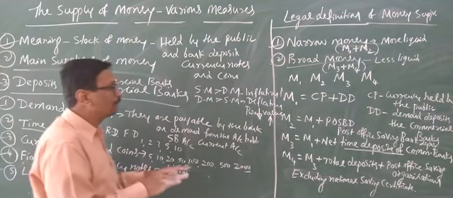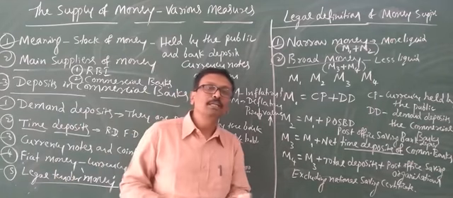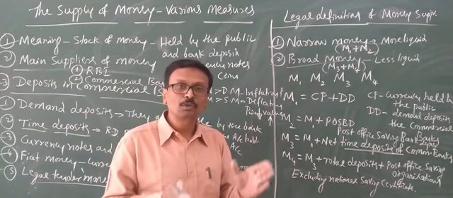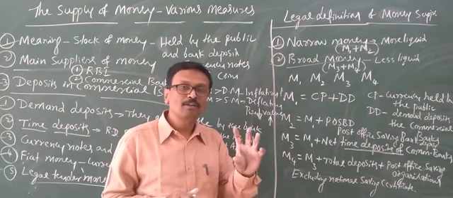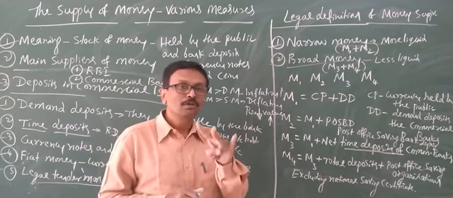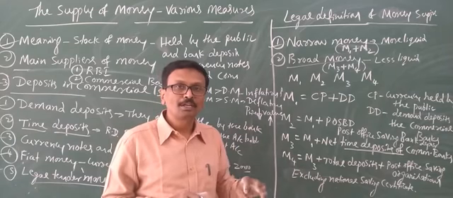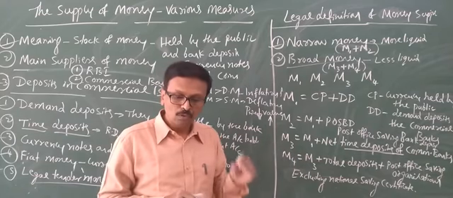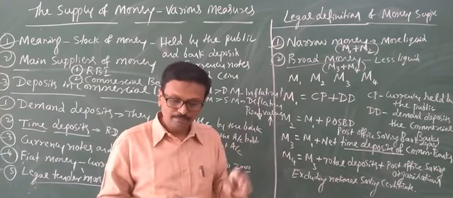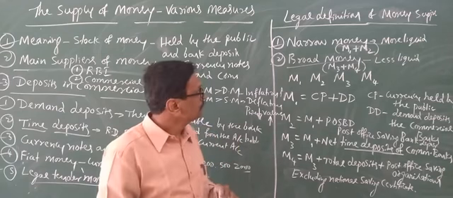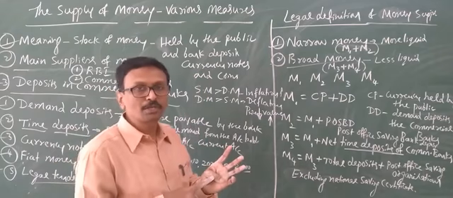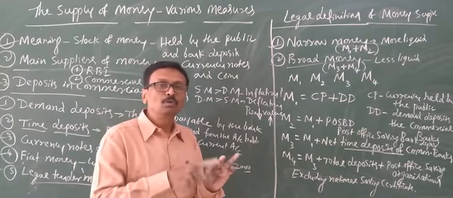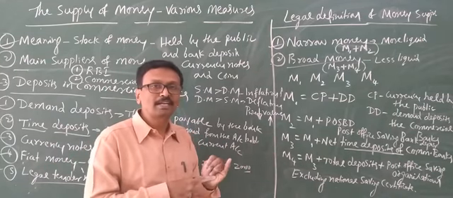So the equilibrium between demand for money and supply of money, and control of inflation and deflation, is maintained by the Reserve Bank of India. The Reserve Bank of India effectively uses two kinds of instruments: quantitative instruments and qualitative instruments. Quantitative instruments are CRR (cash reserve ratio), statutory liquidity ratio, open market operation, and bank rate policy.